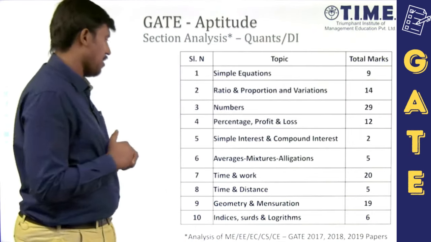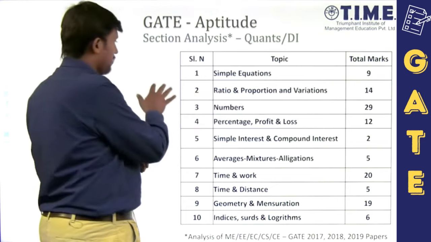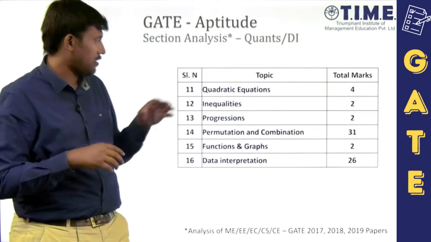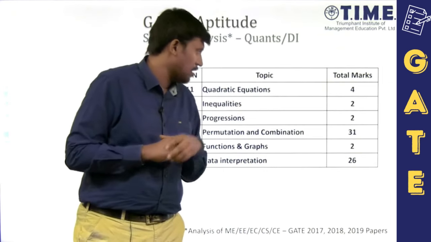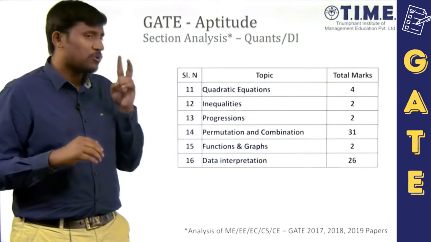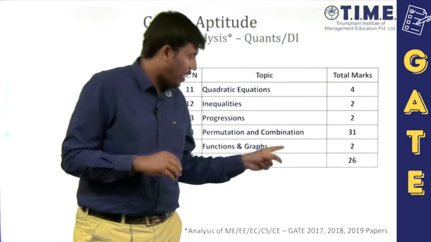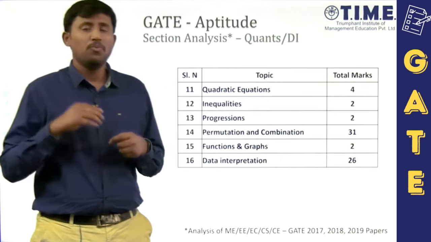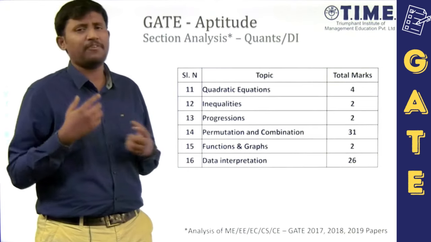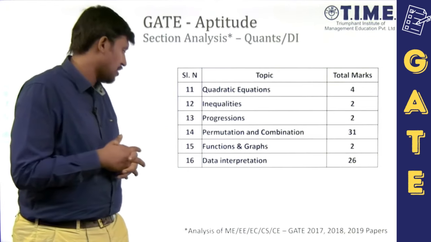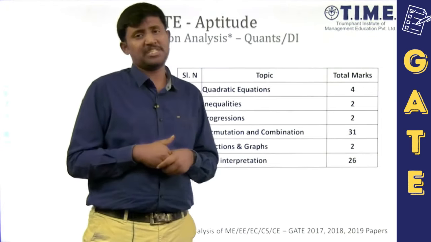It doesn't end there. You have some other topics like quadratics or inequalities, progressions, right? There are 2 main areas that you need to ensure you're preparing. One is permutation and combination, which has been asked very frequently and repeatedly in different fashions, and the other is the data interpretation section.